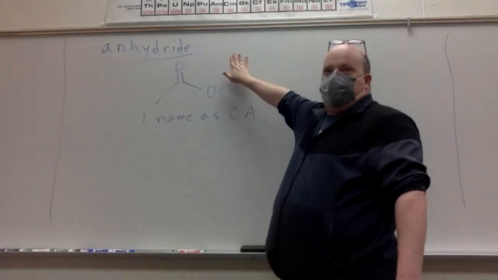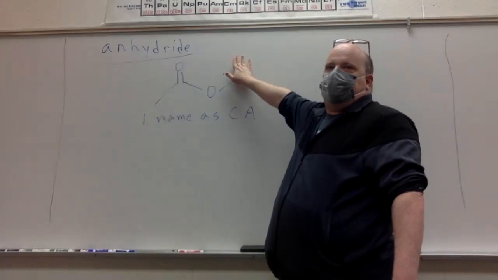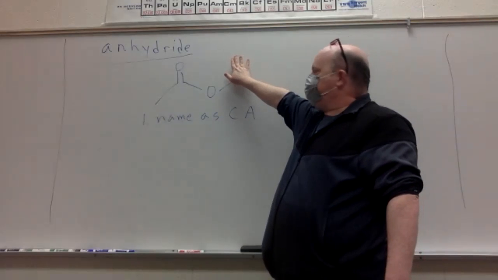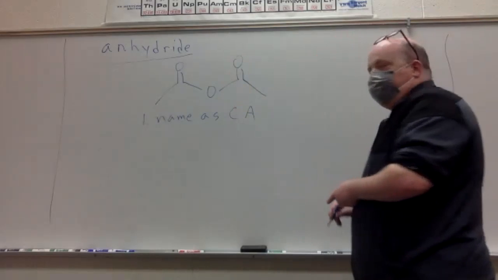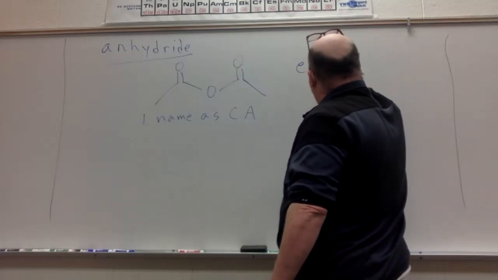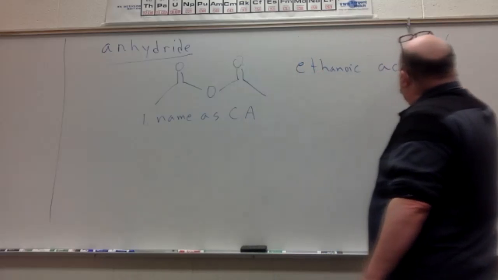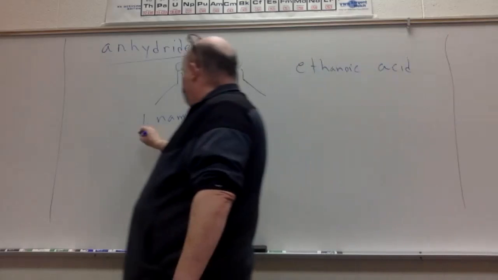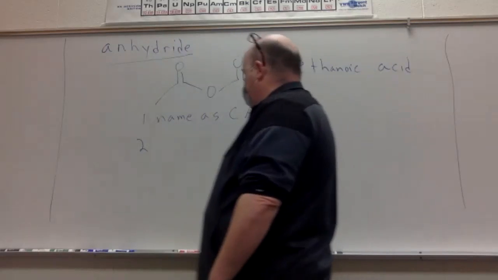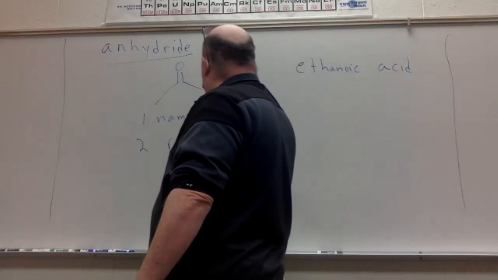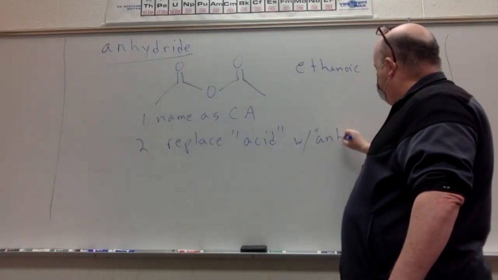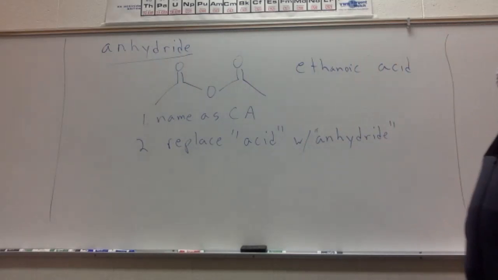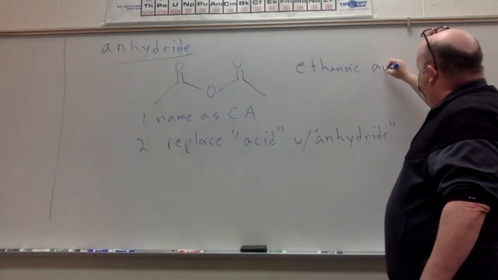Common name would be acetic acid, but ethanoic acid, right? All right. Now, it's not an acid, it's an anhydride. So what you do is replace the word acid with anhydride. Pretty simple. So not ethanoic acid, this is going to be ethanoic anhydride.